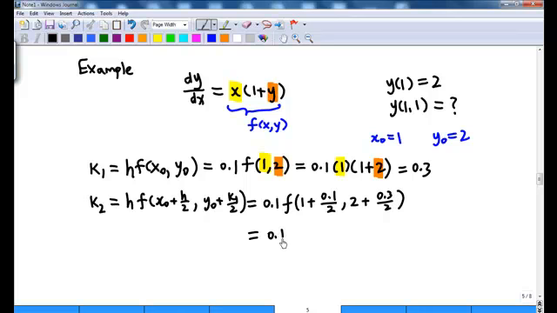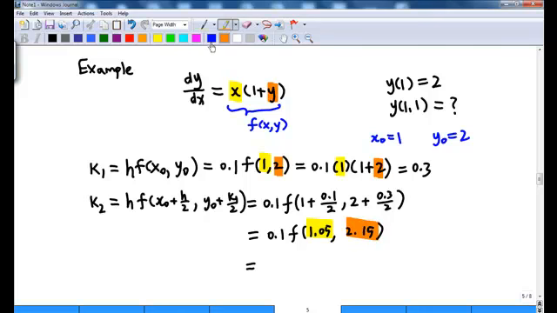This is equal to 0.1 times f of 1.05 and then 2.15. So in this case, the x is 1.05, the y is 2.15.